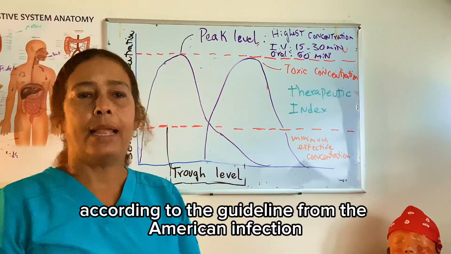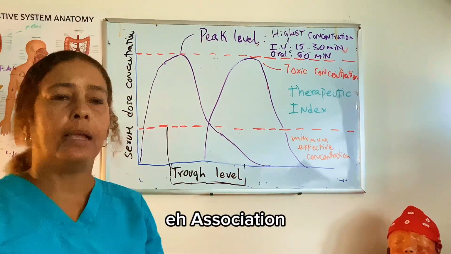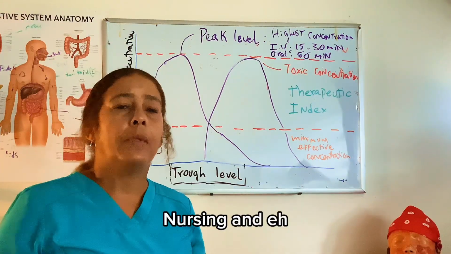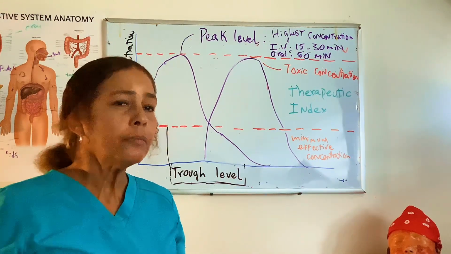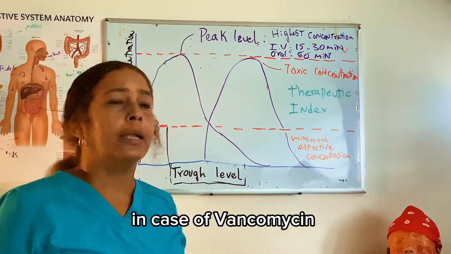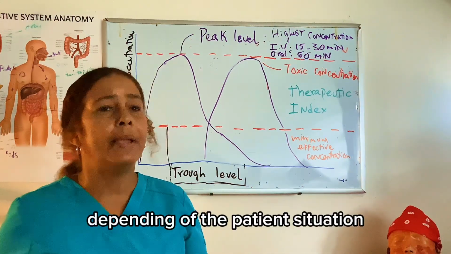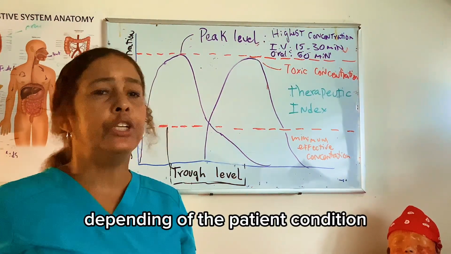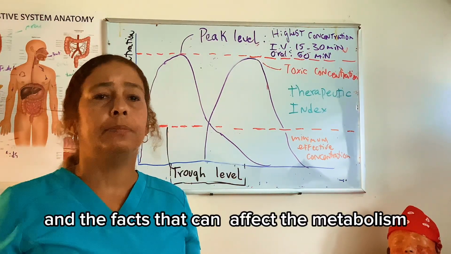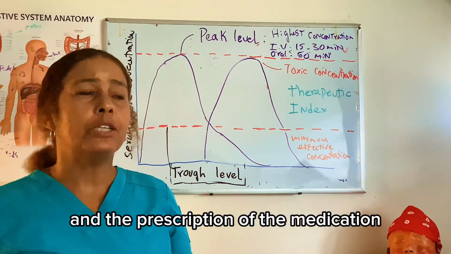According to the guidelines from the American Infection Association, American Physician Association, and Nurse Practitioner Association, the guidelines say that in the case of vancomycin, it depends on the patient's situation and condition and on factors that can affect the metabolism and excretion of the medication.